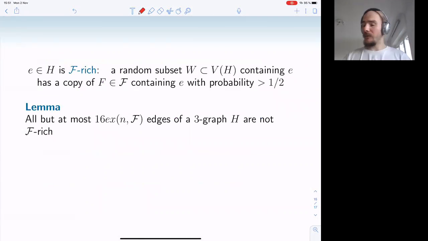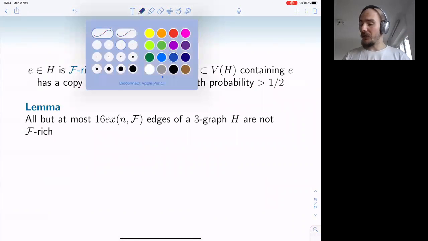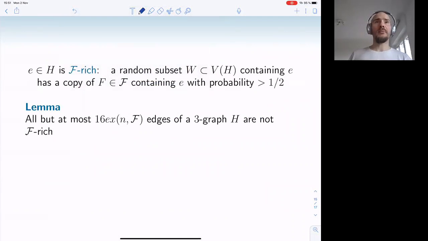actually quickly. The idea is to use this notion of richness, which is very similar to what we saw for the double pyramids. So we call an edge in our hypergraph F-rich. It can have a bunch of parameters, but I simplify it so you can imagine 1/2 being written.